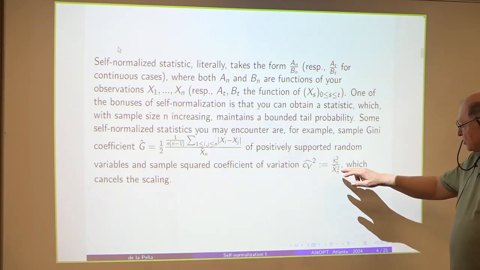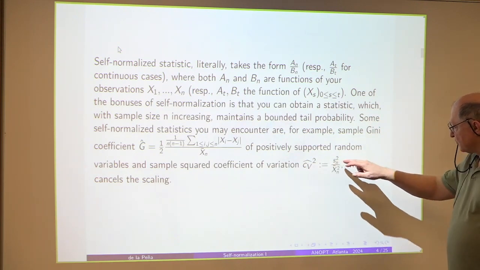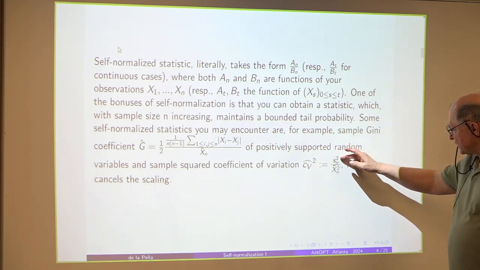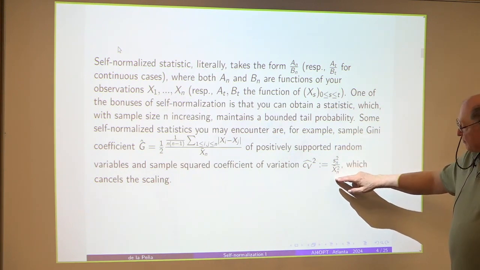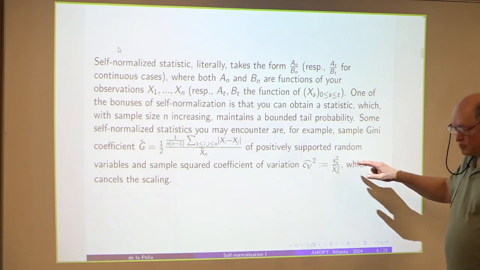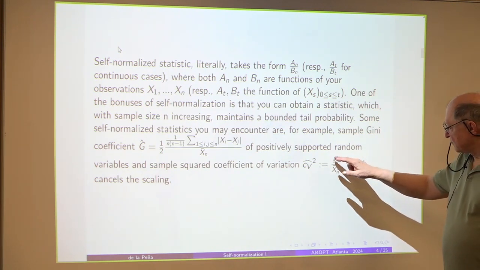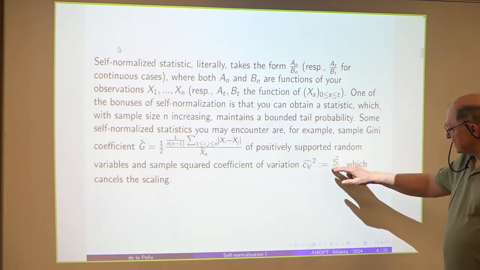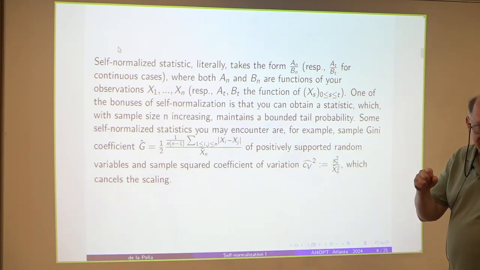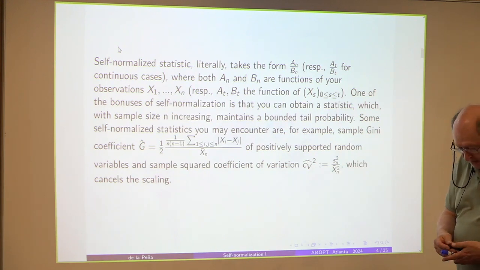And so when people report the coefficient of variation, they report the sample. But the sample could be very different from the population coefficient of variation. And so by studying this, we were able to calculate the bias of the coefficient of variation, which is an important issue.